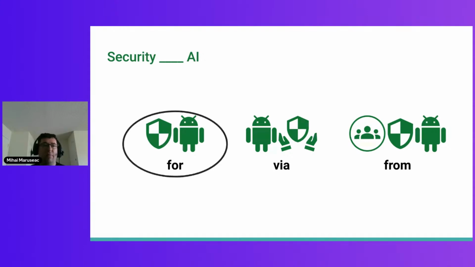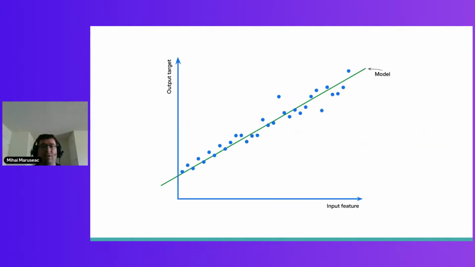We are going to see how we can adapt concepts from the supply chain security of traditional software to the AI world. But before going there, let's think about why we need security for AI. Because if you generalize very fast, you can say an AI model is just a bunch of numbers and linear algebra.